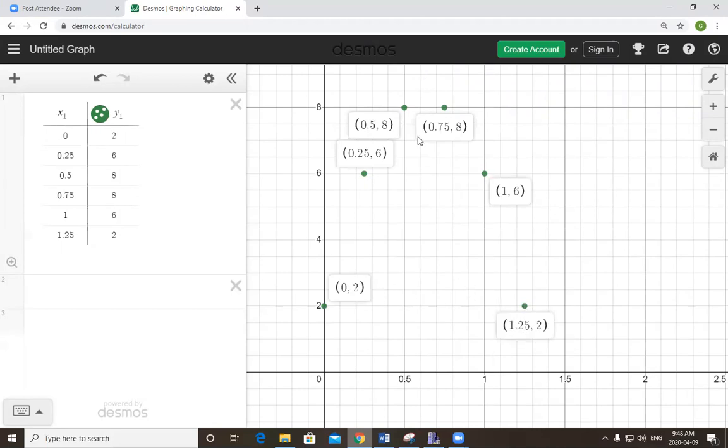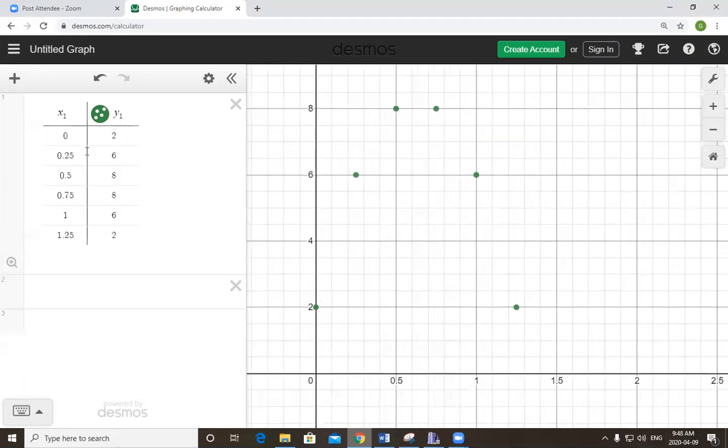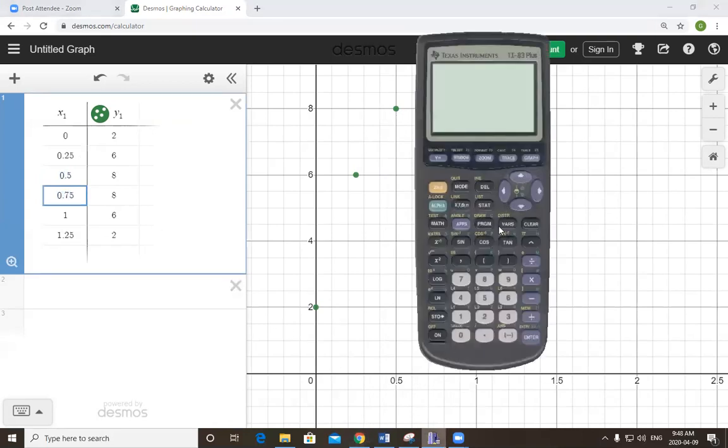So to find where that would be, you could add the 2 and then divide it by 2. So I'm going to add the first 2 x's, up at where it is 8, so I'm going to add 0.5 and 0.75 and then divide it by 2. And this is just using symmetry.